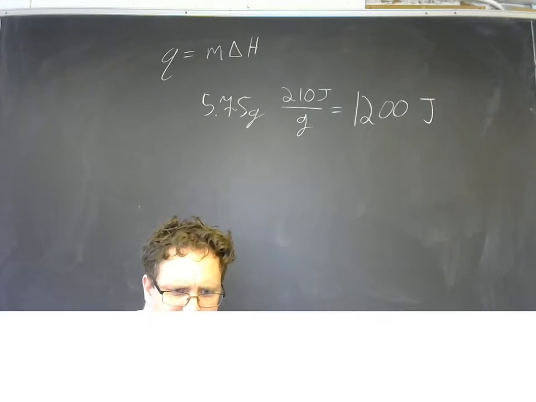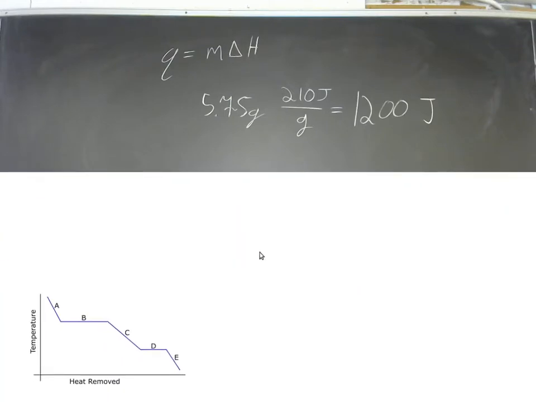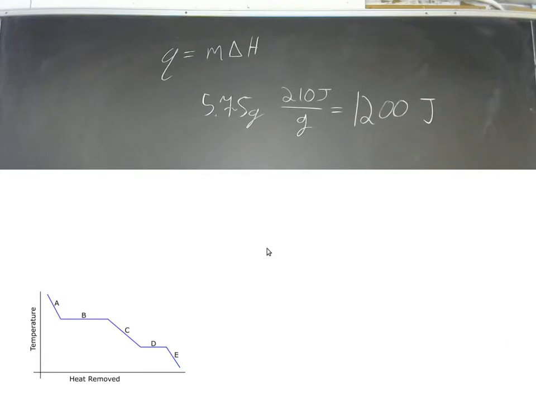So let's look at this cooling curve. Oh, you know what? I'm going to have to just, there we go. So this is the cooling curve. You can see that we start at a high temperature, and then as heat is removed, we have region A where the temperature drops.